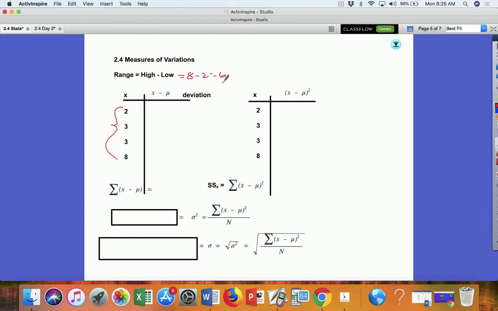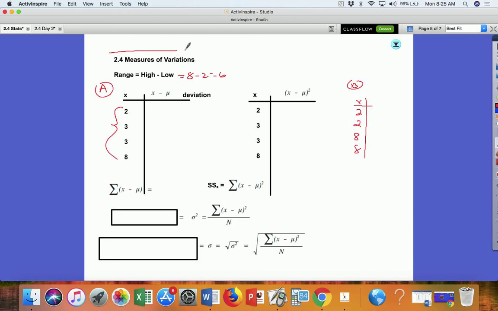Not too crazy. But that's not such a good thing, because we'll call this problem A, and I'm going to put a problem B up here. If I had a set of data where there's 2 2s and 2 8s, those are different sets. So I'm going to draw a picture of it.